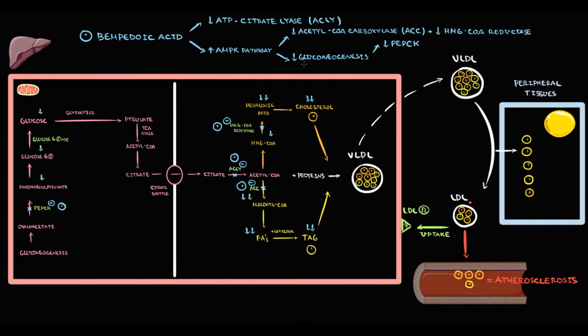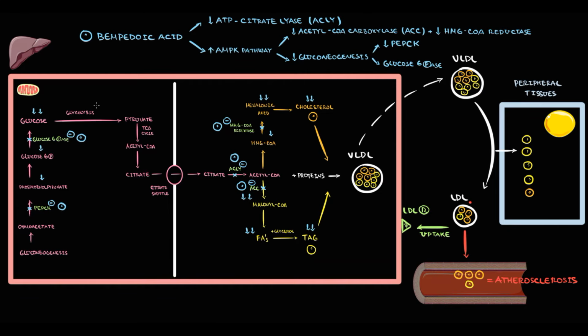In addition to this, AMPK inhibits the function of glucose 6-phosphatase. And because it's a crucial enzyme in gluconeogenesis, now with inhibition of glucose 6-phosphatase, glucose production will decrease, simply because without this enzyme we cannot form free glucose molecules.